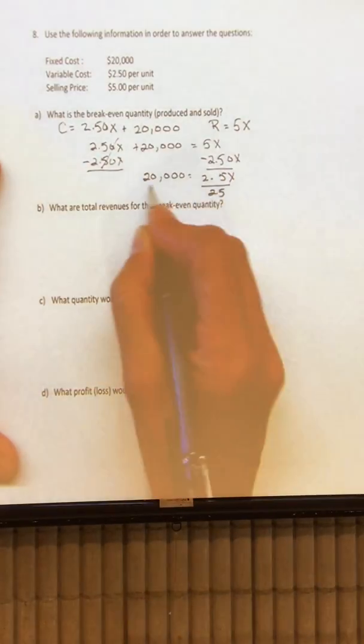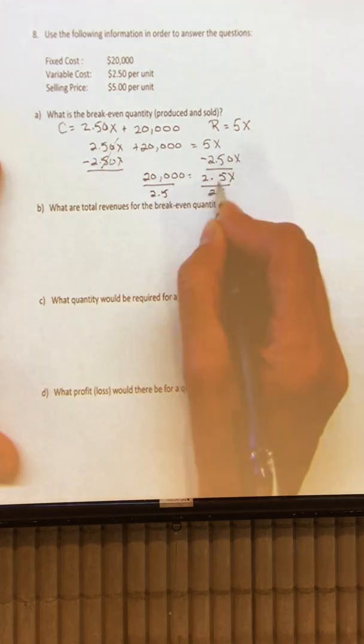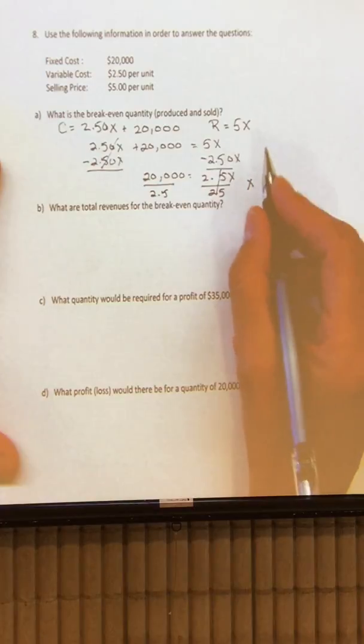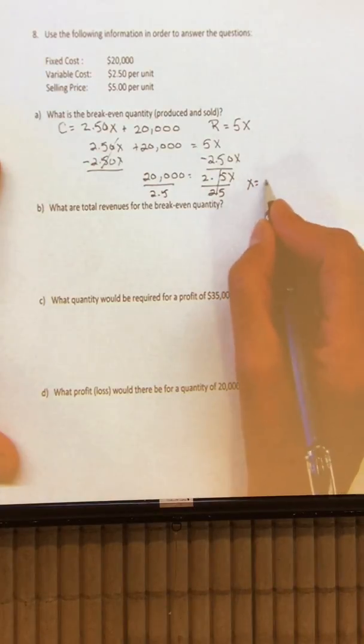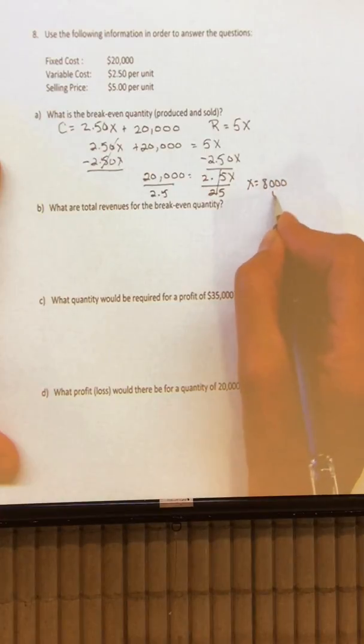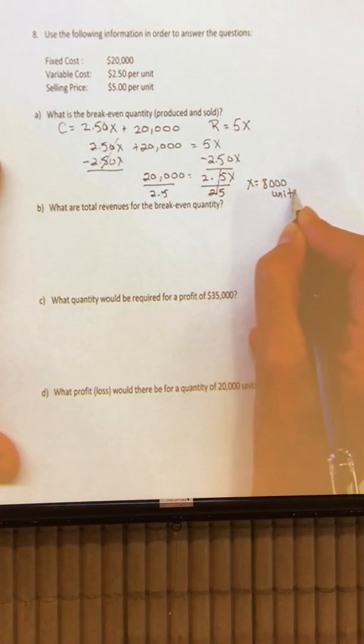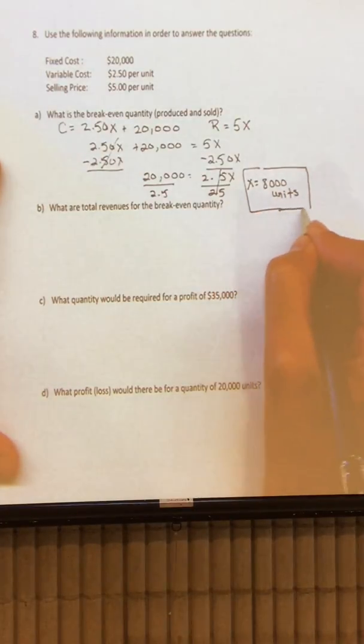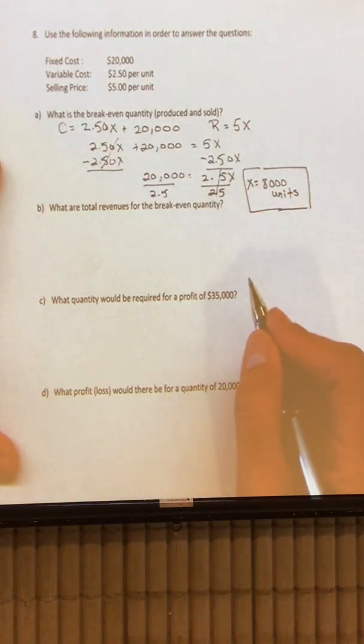Divide both sides by 2.5. Therefore, your x is equal to 8,000 units. So this is our break-even quantity. They need to sell 8,000 units in order to break even.